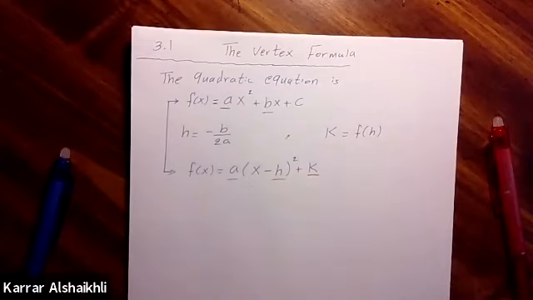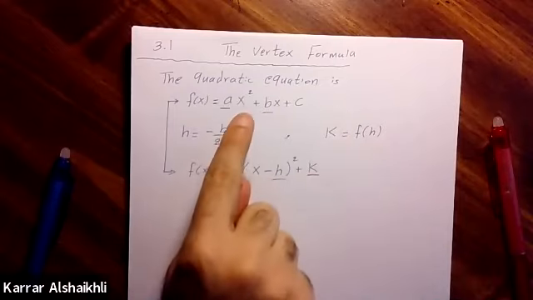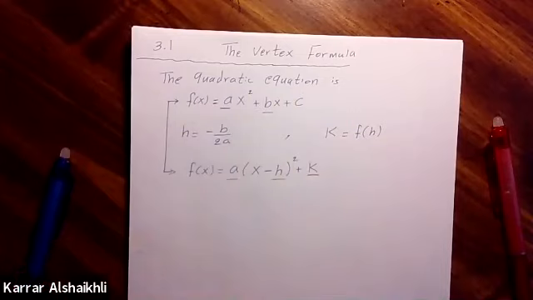It depends on the equation. So this is the first thing you have to do every time they ask you to find the max or minimum, and also if they ask you to convert from the quadratic equation to the vertex formula. Now we have some notes about that.